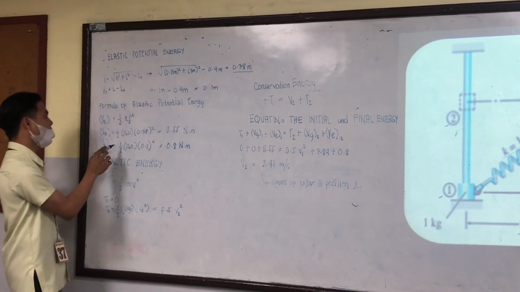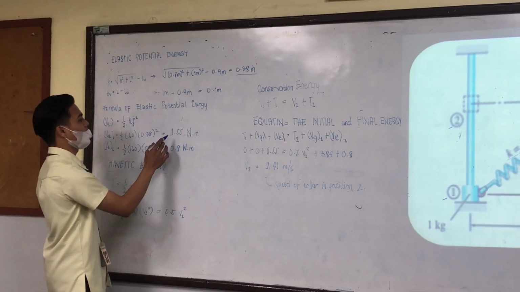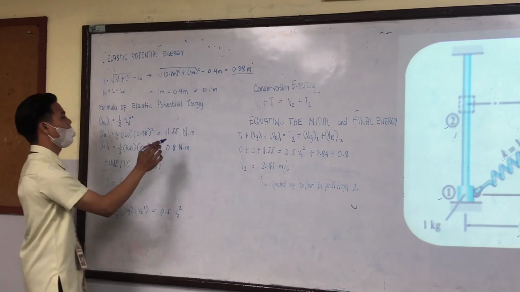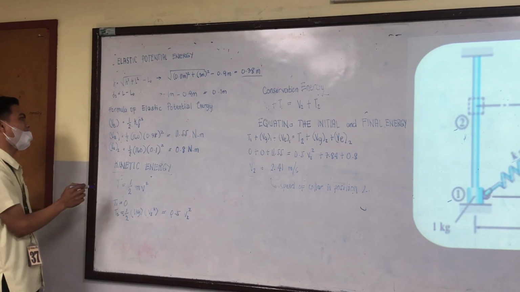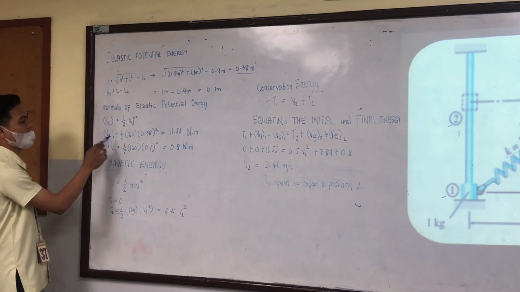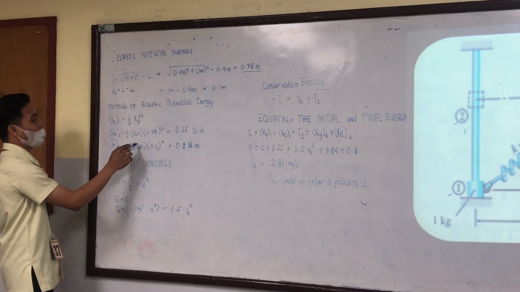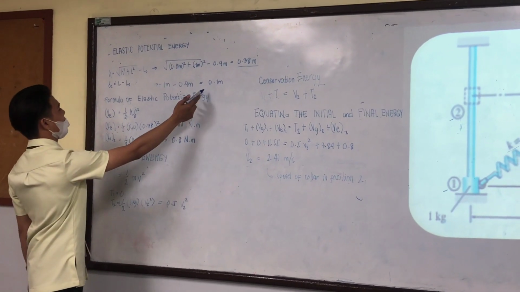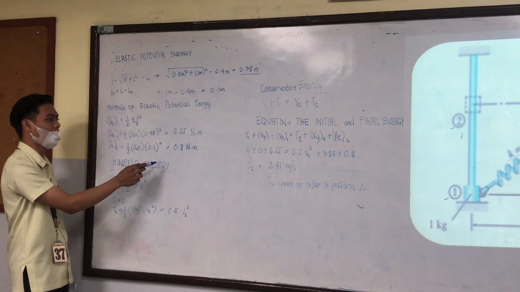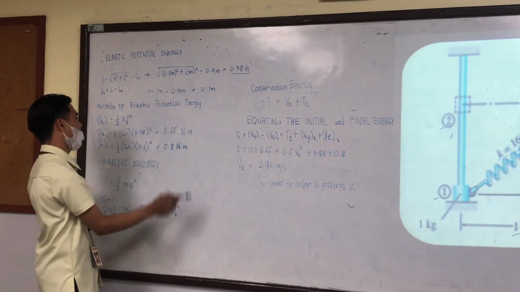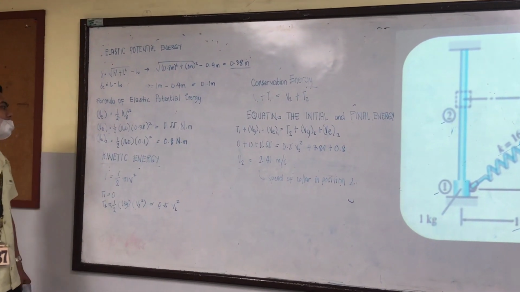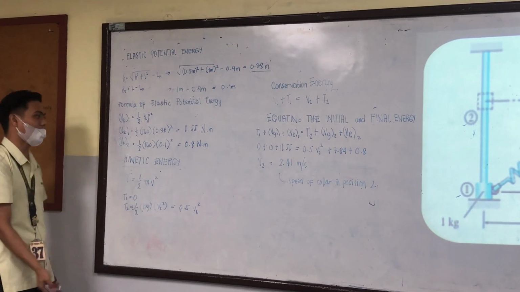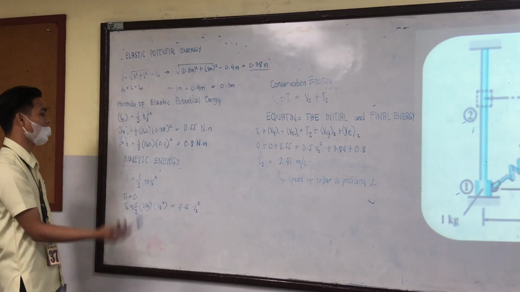So our first elastic potential energy is 11.55 Newton meter. And for our second elastic potential energy, same process as the first. Again, the stiffness 160, multiplied by the second elongation 0.1 squared is equal to 0.8 Newton meter. So now we have the elastic potential energy. Let's move on to the kinetic energy.